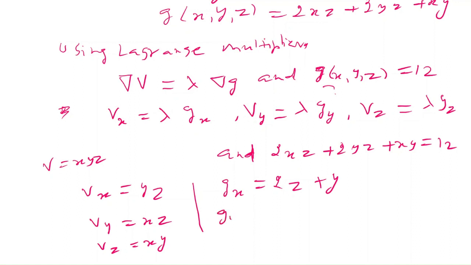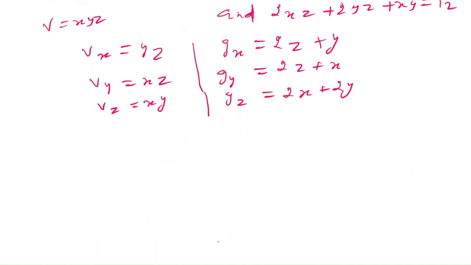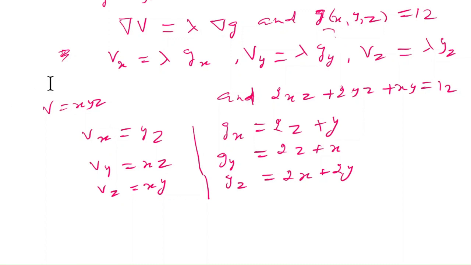And gy is 2z plus x, gz is 2x plus 2y. We differentiate with respect to x, y, z respectively. Then we use those equations, vx equal to lambda gx and so on.